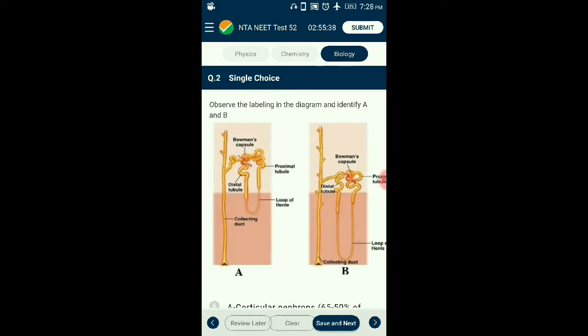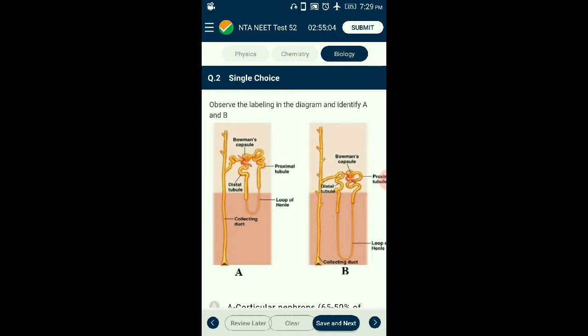Question number 2. Observe the labeling in the diagram and identify A and B. The human kidney has about 85% cortical nephrons and about 15% juxtamedullary nephrons. The cortical nephrons are highly coiled structures with the majority of the parts present in the cortex region.